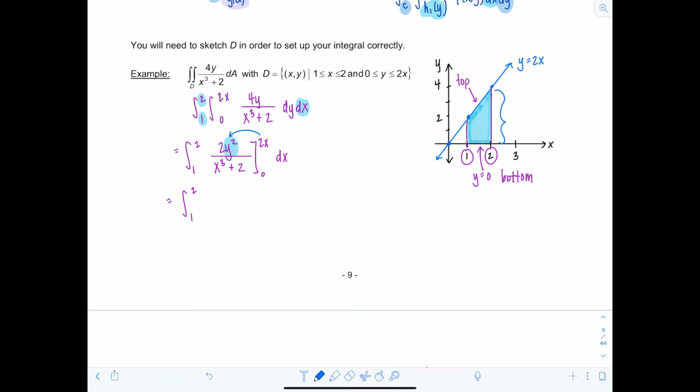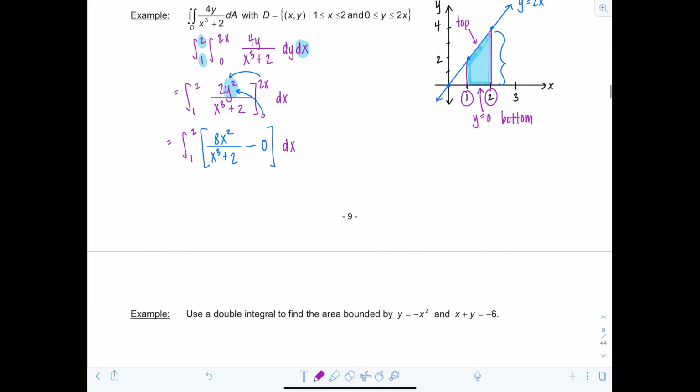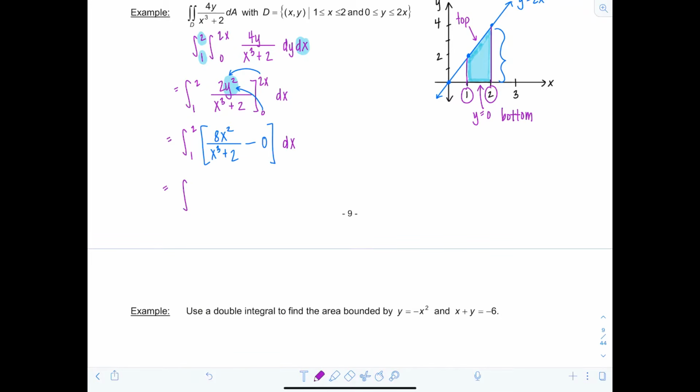Times 2 is going to be an 8x squared over x cubed plus 2, minus, and then if I substitute in 0, I'm just going to get 0 for the whole term, dx. Okay, looks good. So then now I have integral from 1 to 2, 8x squared over x cubed plus 2 dx.